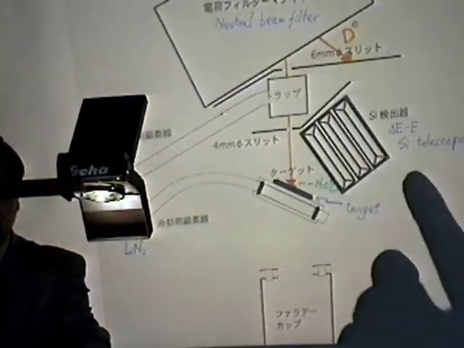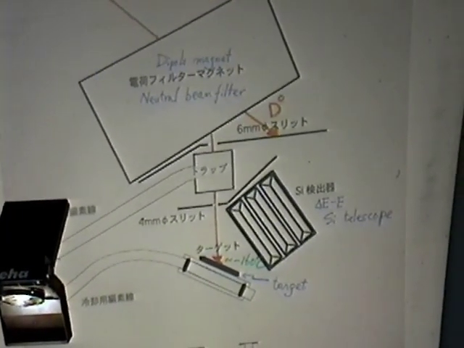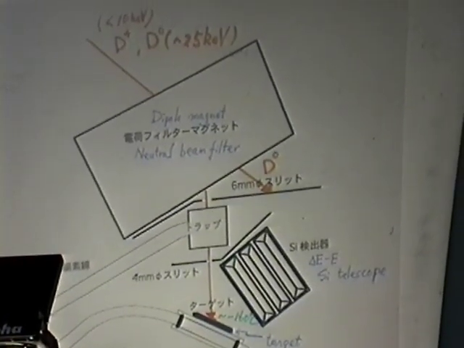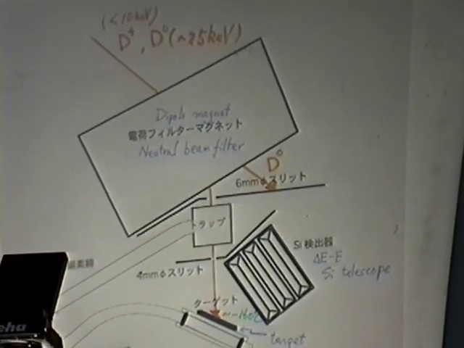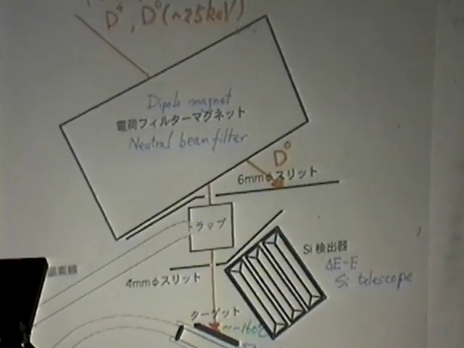The detector we employ is a silicon counter telescope, which consists of a 50 micrometer delta E silicon detector and a 500 micrometer E detector.